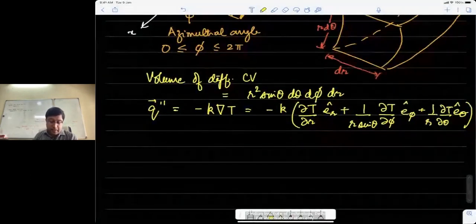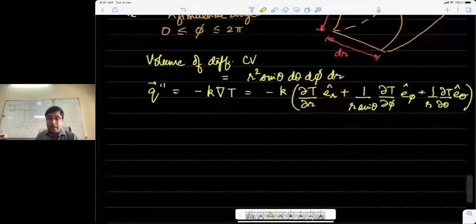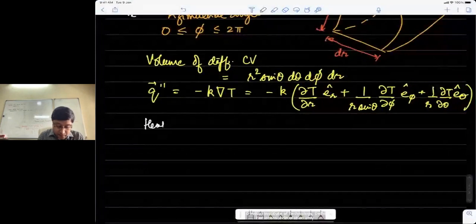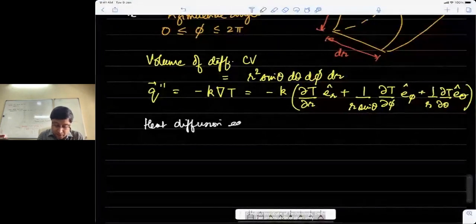And finally, when you apply energy balance, or conservation of energy, to obtain the heat diffusion equation, what you will get is the heat diffusion equation.